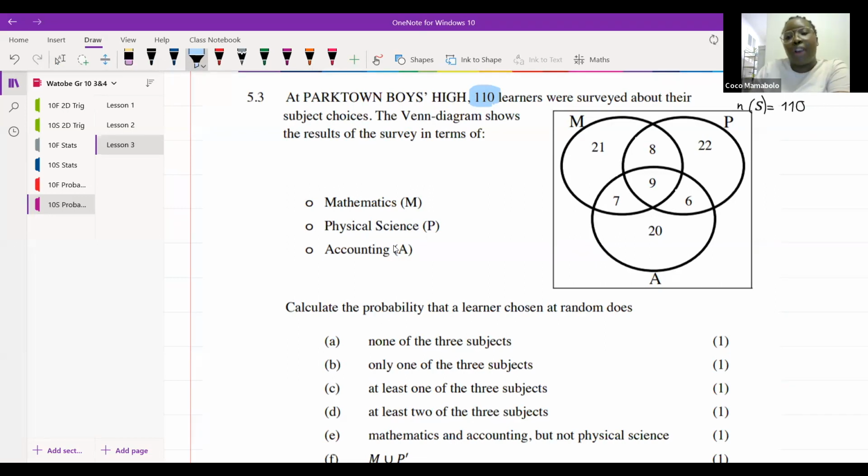Our first job, however, is to make sure that all of these numbers together actually give us the 110 that we're looking for. So everybody grab a calculator. Tell me, do all of these learners add up to 110? Yes, Namisile.